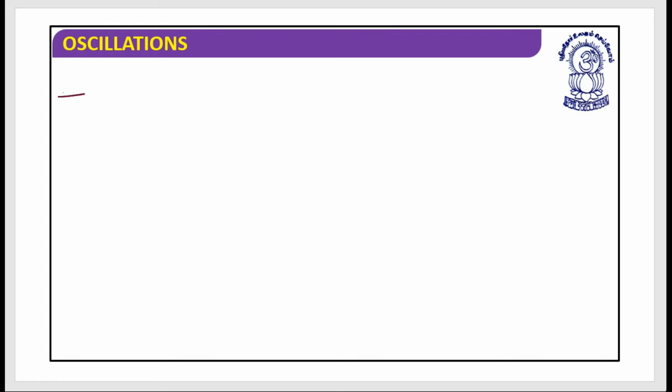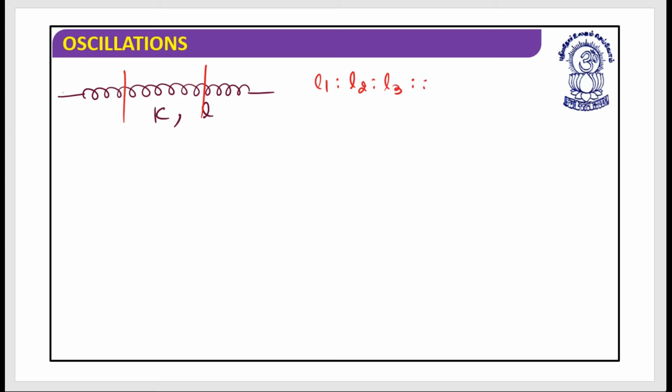Let's suppose this is the spring, its stiffness is k, its length is L, and it has been divided into three parts. The lengths L1 is to L2 is to L3 are in the ratio 1 is to 2 is to 3.